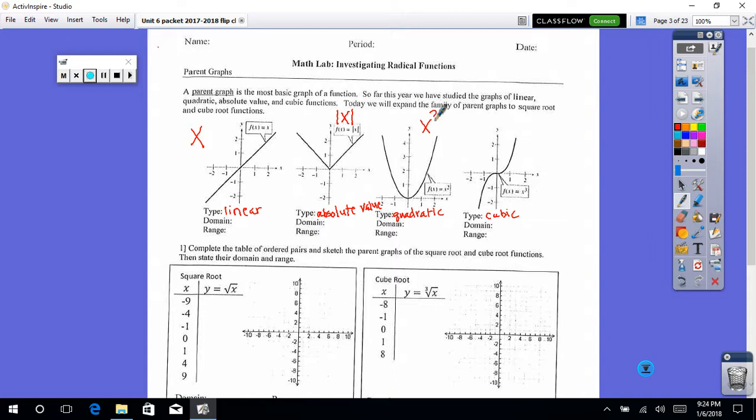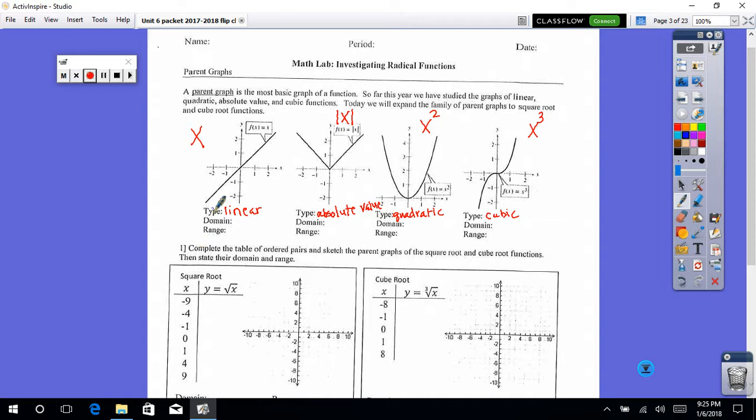If you see an equation with an x squared in it, it could have an x, it could have absolute value, but if the highest exponent is an x squared, it is going to be a quadratic that looks like this. Finally, if you have an x raised to the third as your highest exponent, then it is going to be a cubic graph that looks something like this.